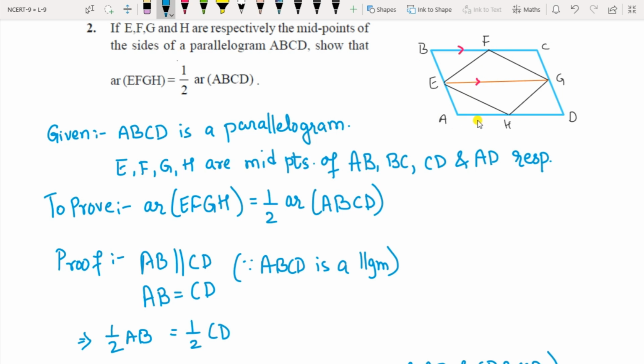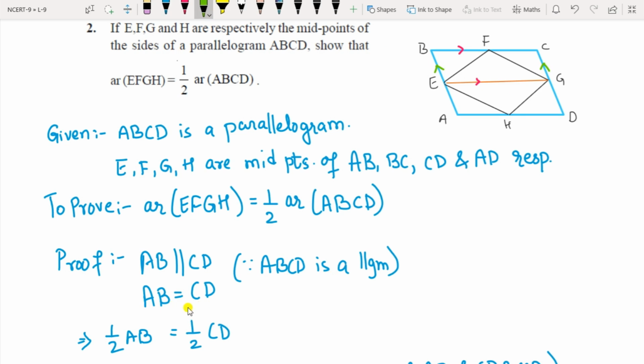Now since this is a parallelogram, we know that AB is parallel to CD. Therefore AB is equal to CD since it is a parallelogram.